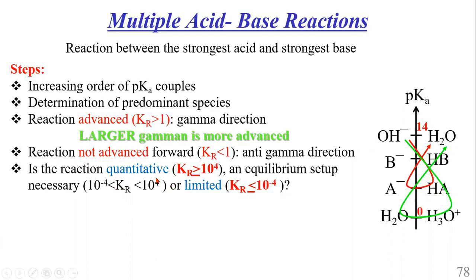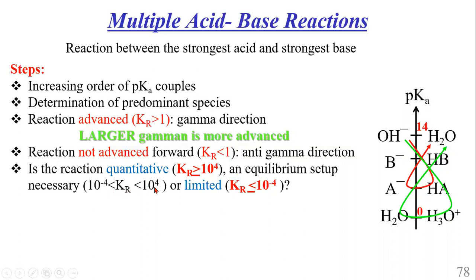Then to solve, look at the K reaction. If it's greater than 10 to the 4, simply use stoichiometry on the reactant and product side and react it as if it's complete, so that the reaction goes to the end and you have 0 on the reactant side.